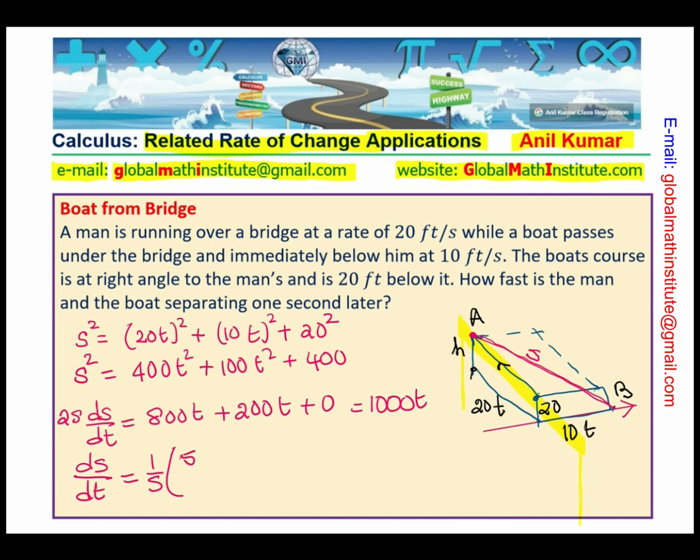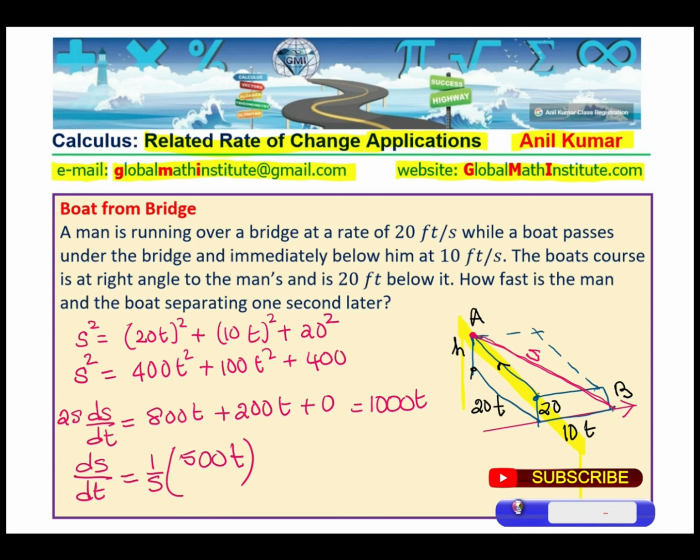Gives me 500t. So we get an equation to find the rate of change of separation between the two. But what we need to find at a particular instance of time is how fast is the man and the boat separation 1 second after.